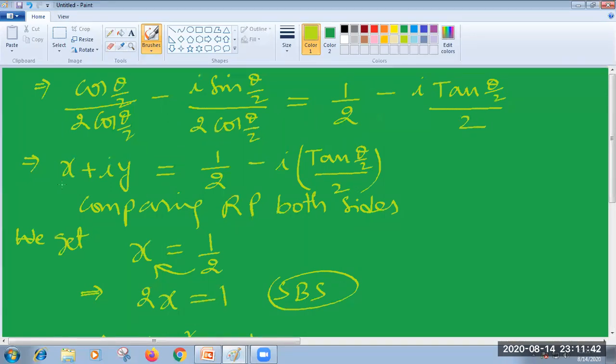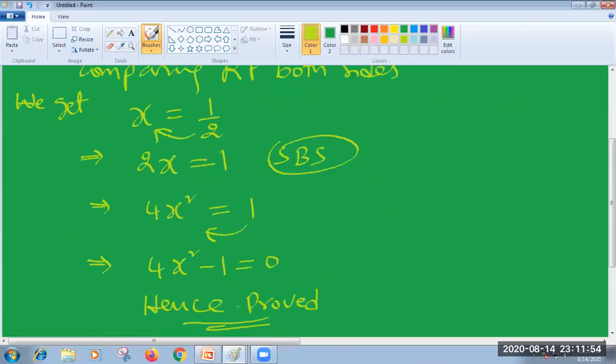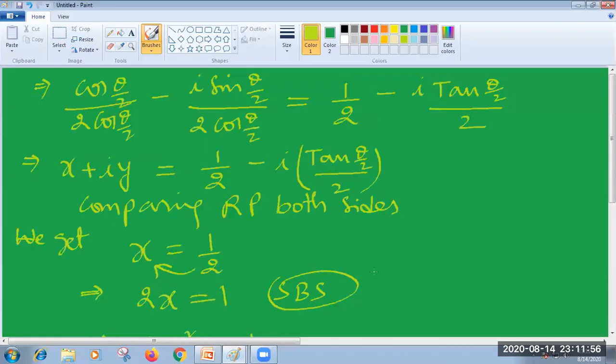Comparing real and imaginary parts, we get x is equal to 1 by 2. So cross multiplying, 2x is equal to 1, that is 4x square is equal to 1, 4x square minus 1 is equal to 0. So this is the required condition.